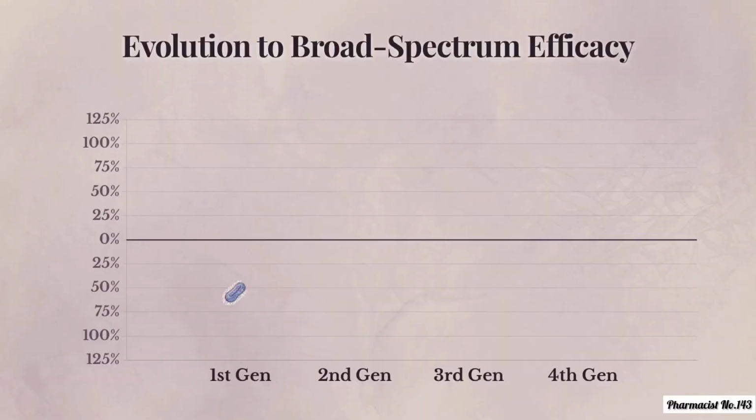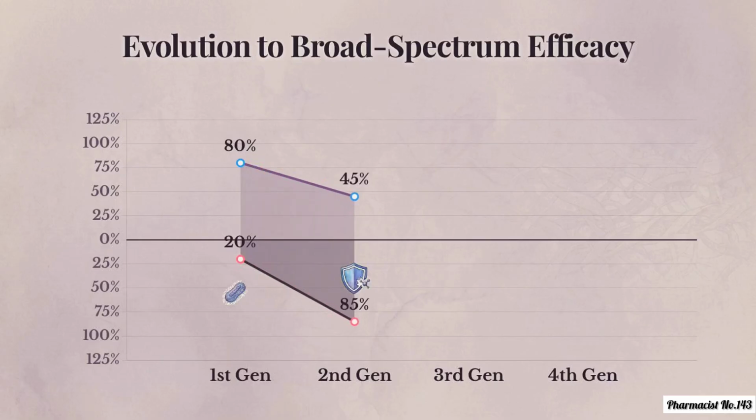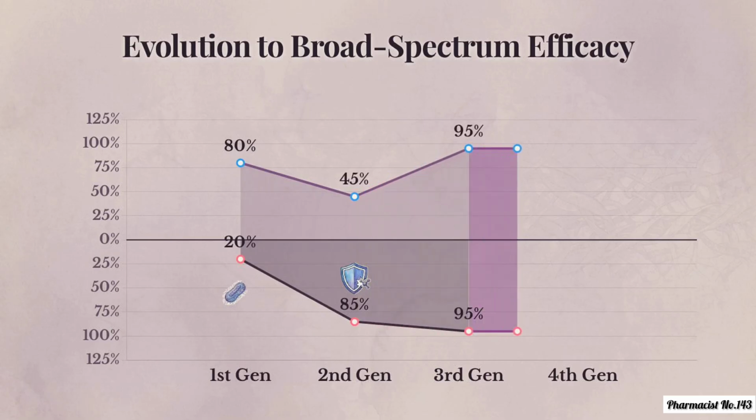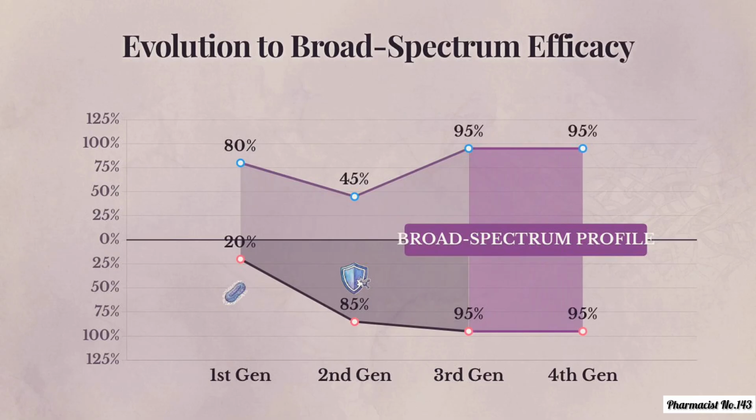Second-generation drugs, like cefuroxime, were structurally tweaked to resist these gram-negative beta-lactamases. This shifted their primary effectiveness strictly toward the gram-negative spectrum. The leap to the third and fourth generations, with drugs like cefixime, achieved a true, robust broad-spectrum profile.